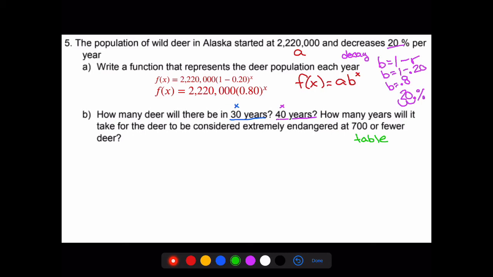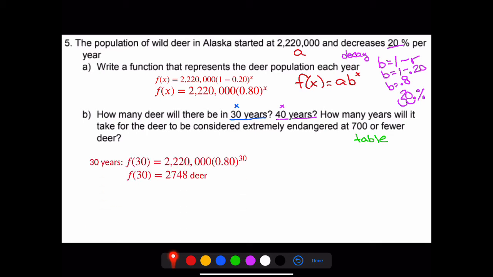So if you realize, hey, after 40 years, it's still not below 700, try 45. If at 45 you're below 700, then try 44 or 43. Target in on the exact year that will be over or less than 700 deer. We want to know the year that we take over that amount. And that way we know how many deer are actually there and how many deer are left over.